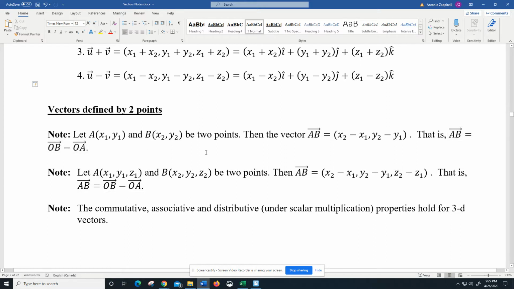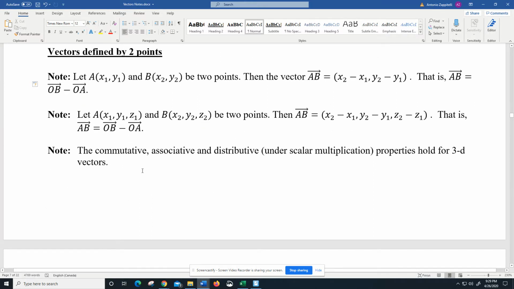All right? Now, we're not going to go through the proofs here, but defining vectors in this algebraic way makes proving these things, which we drew pictures of, much easier, okay, than if we were working with geometric vectors. So essentially, all those things that we determined, that vectors are commutative under addition, associative under addition, meaning it doesn't matter which ones I add first, and distributive under scalar multiplication, so I can distribute a scalar multiple to the sum of two vectors.